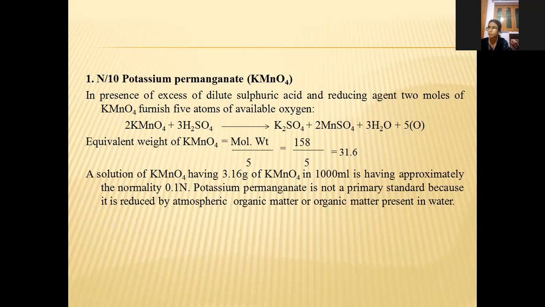So when two molecules of potassium permanganate react with H2SO4, sulfuric acid, three molecules of sulfuric acid, we get potassium sulfate. K2SO4 is potassium sulfate, with potassium from the potassium permanganate and SO4 from the sulfuric acid.